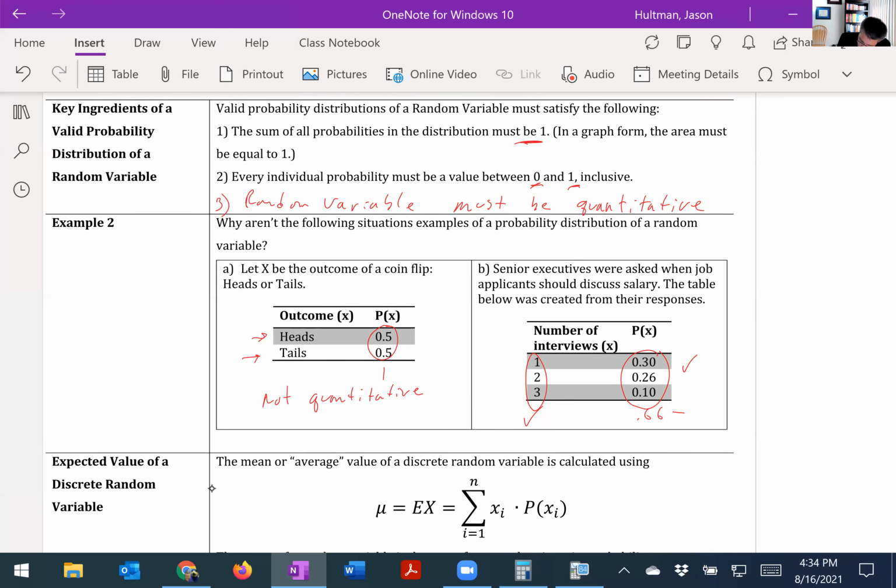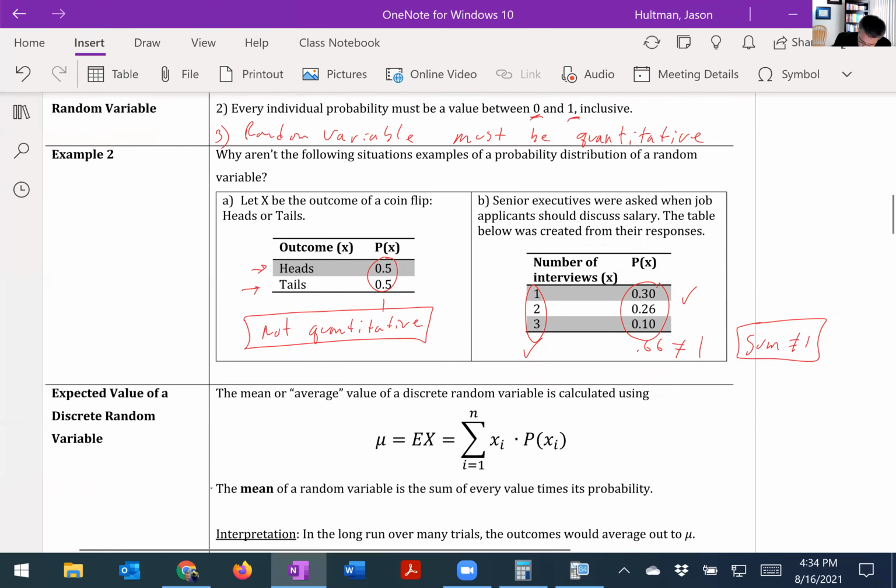So this does not equal 1. Okay, that's the problem there. So the problem over here is that for A, it was not quantitative. For B, it's that the sum does not equal 1.